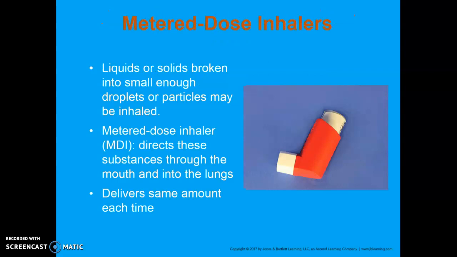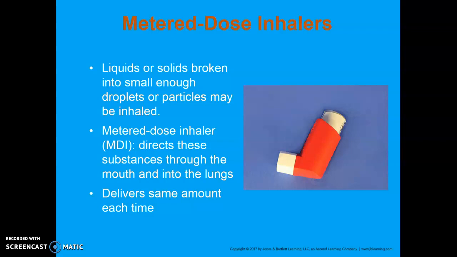Metered dose inhalers, these are liquids or solids that are broken into small enough droplets or particles that you can actually go ahead and inhale them. It has a spray canister that directs substances through the mouth and into the lungs. And giving these does take a little bit of talent and attention to detail.